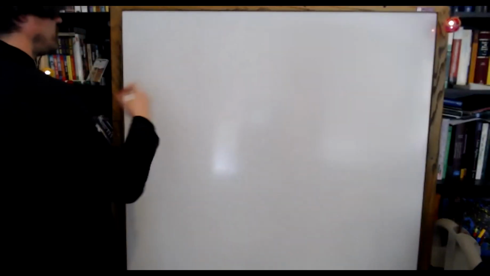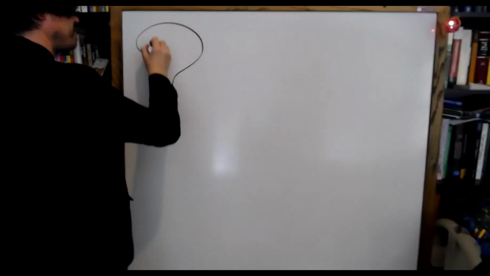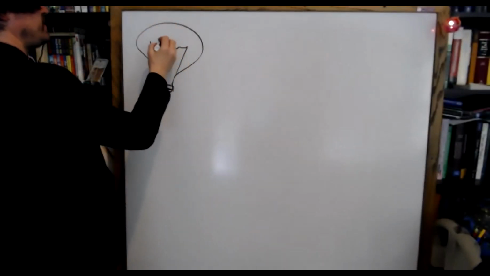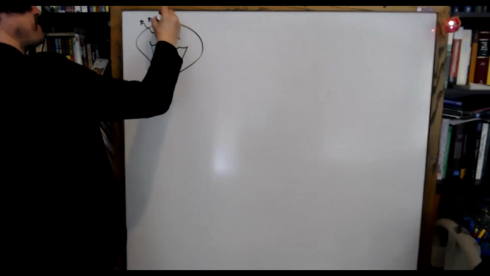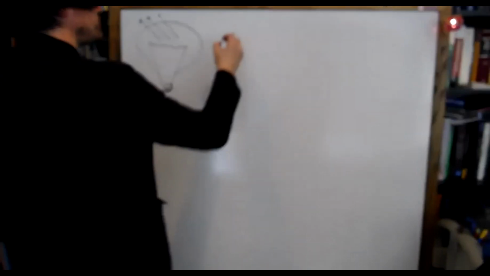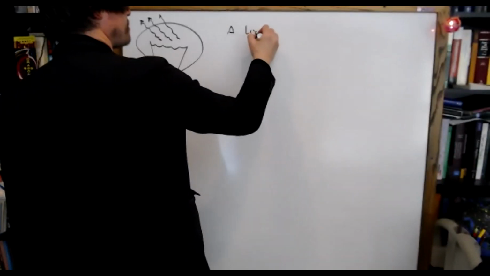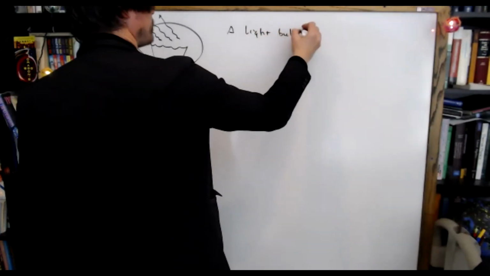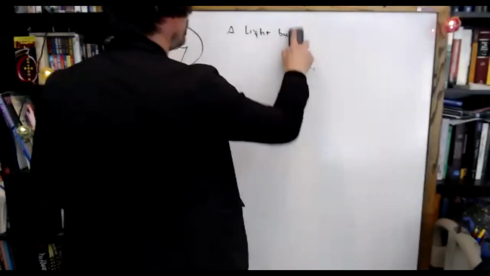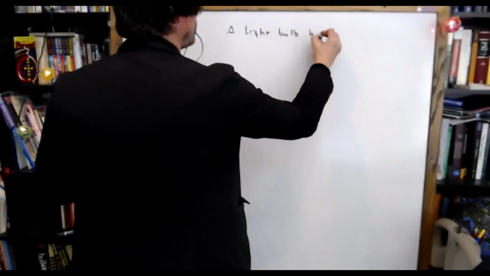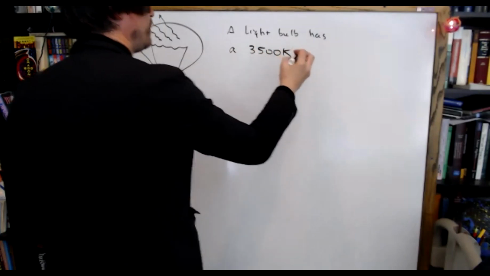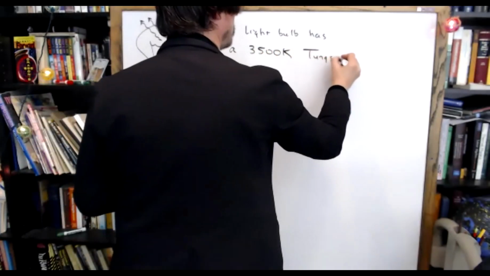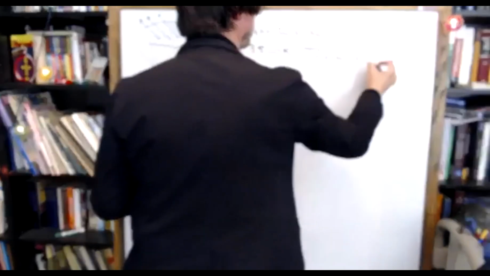Okay. Let's draw our light bulb and our tungsten filament, and it's giving off some radiation, some light. A light bulb has a 3,500 Kelvin tungsten filament.